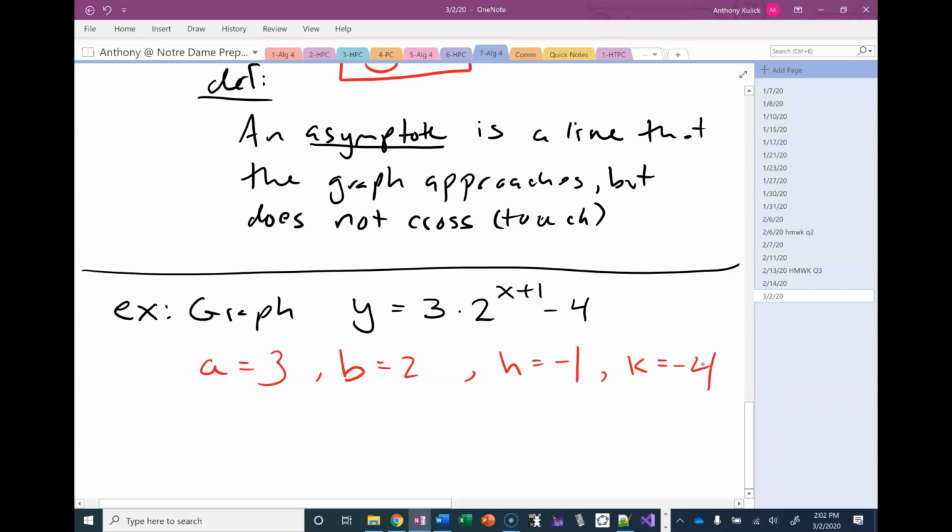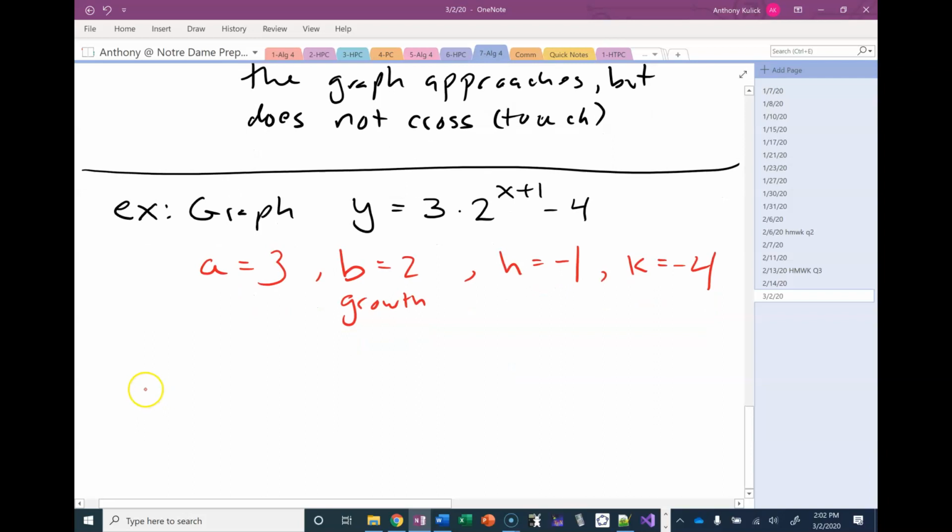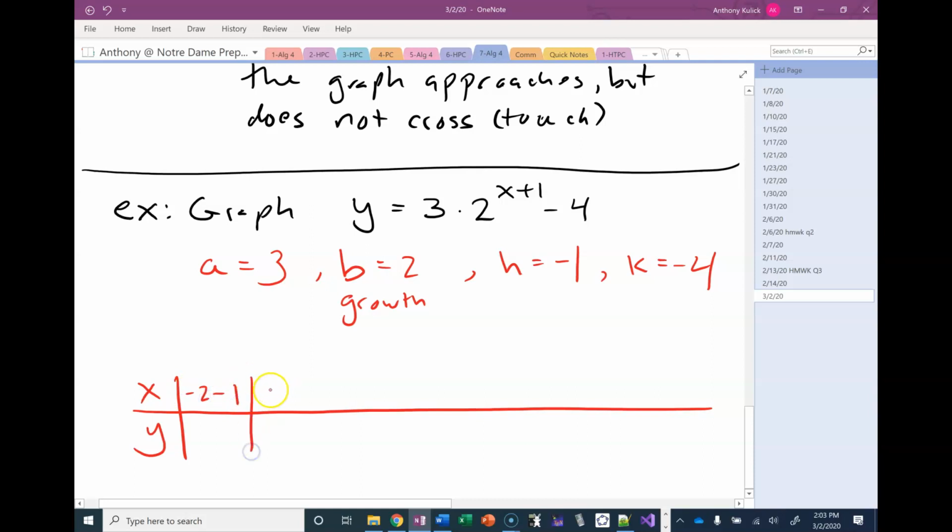So just as an aside, is this growth or decay? This is growth, since the b value is greater than 1. So if I make my xy table then, I'm going to do -2 plus h, -1 plus h.